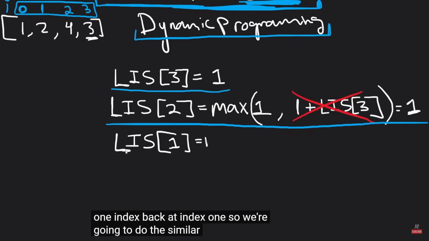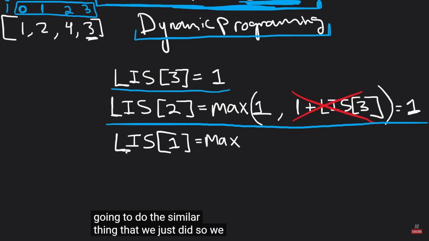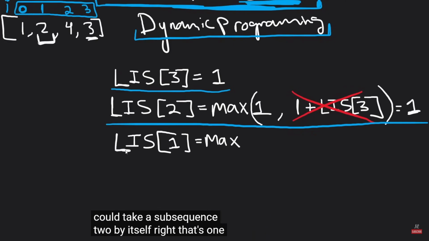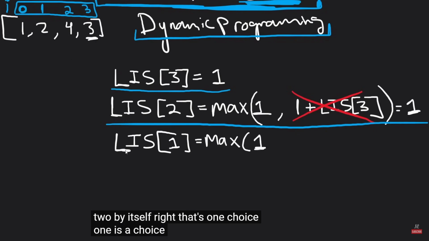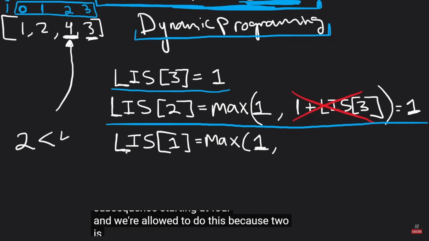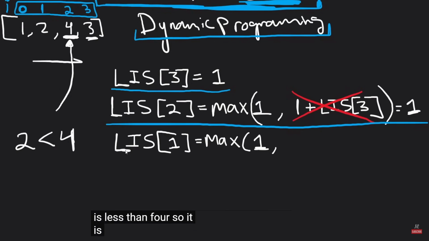We're going to do a similar thing to what we just did. We know we could take a subsequence 2 by itself, right? That's one choice, length 1. We also have a choice, 1 plus the longest increasing subsequence starting at 4, and we're allowed to do this because 2 is less than 4, so the subsequence is increasing.